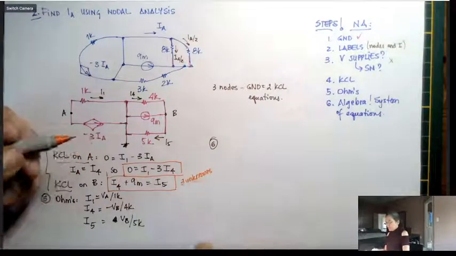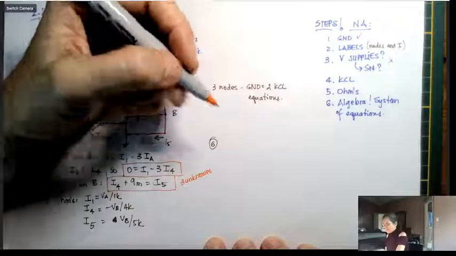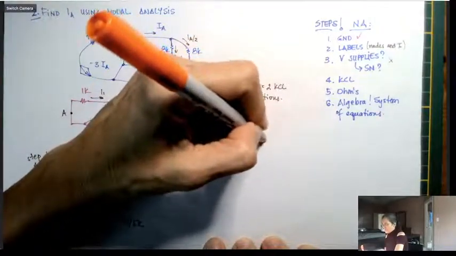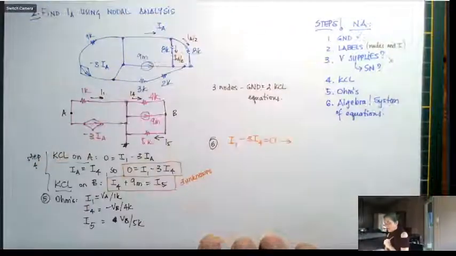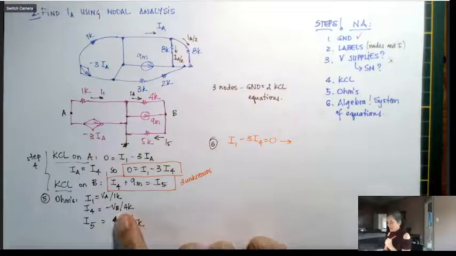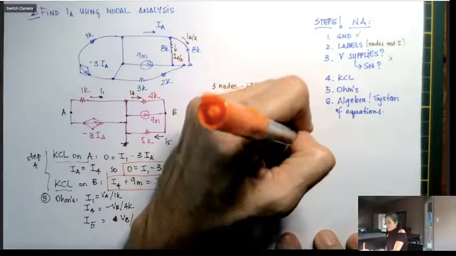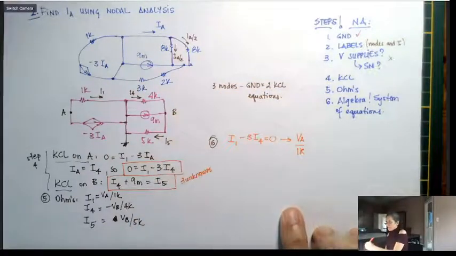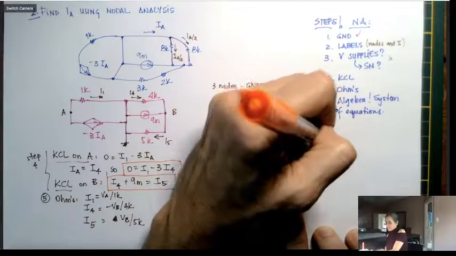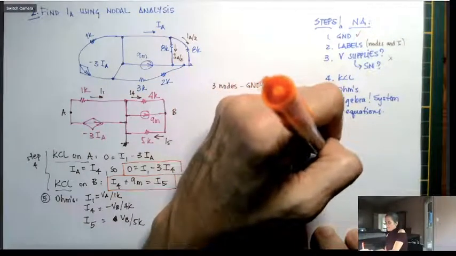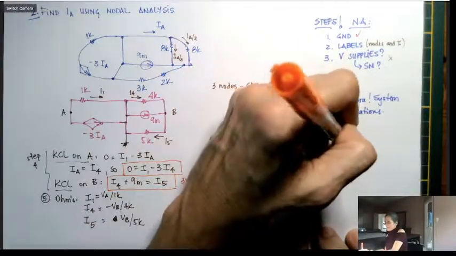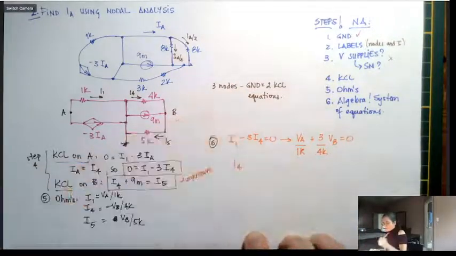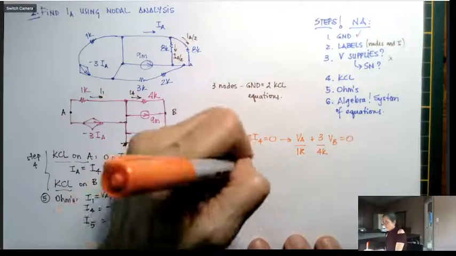I'm going to put the 0 on the other side and write I1 minus 3 I4 is 0. Instead of I1 and I4, now I'm going to write VA over 1K, and I4 is minus VB, so it's plus 3 over 4K VB is 0. And then the second is I4, and I'm going to put the 9 milli on the other side.